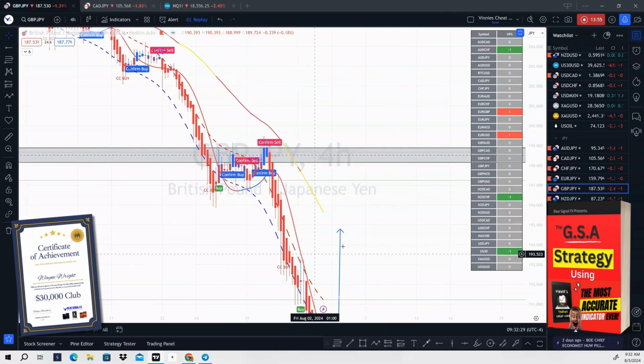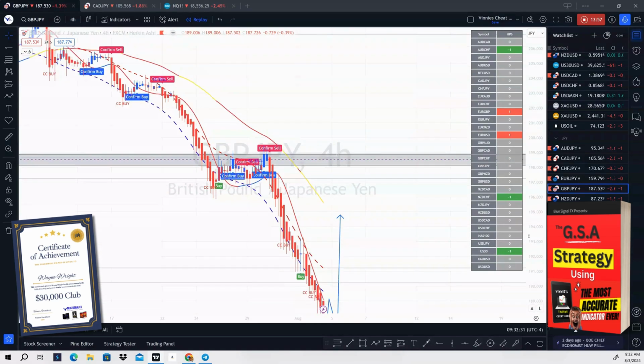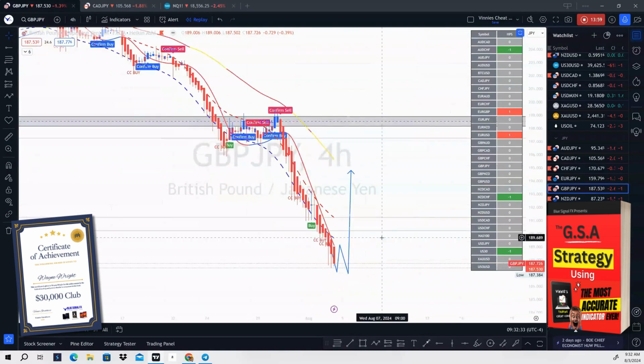All right. So we know that the higher time frame is getting ready to align with the lower time frame. As soon as price starts to pull back here and get a reversal pattern, it's going to happen on the higher time frame. So price is going to pull back on GJ.